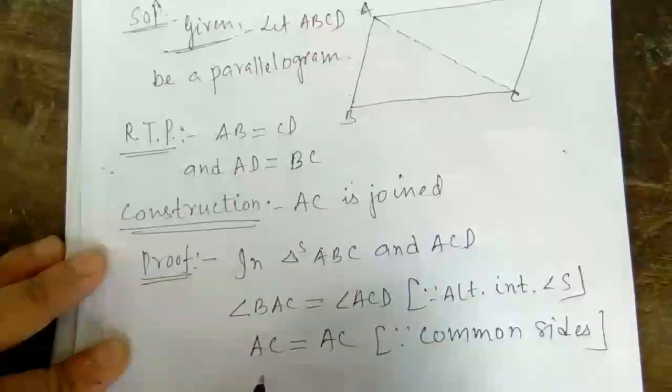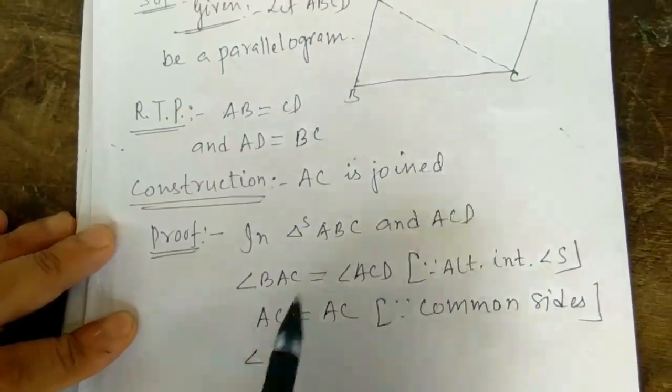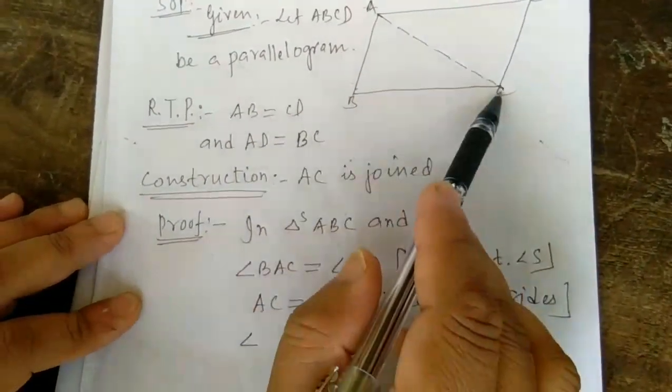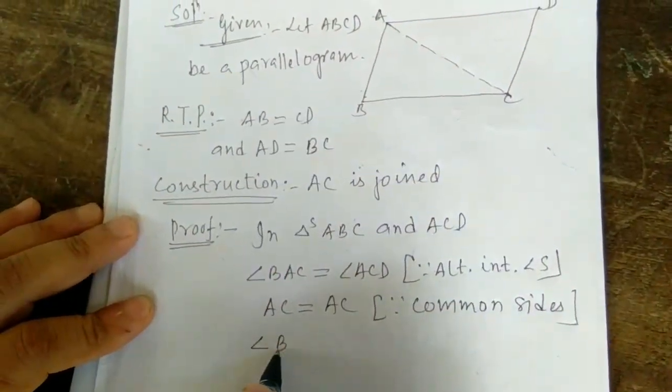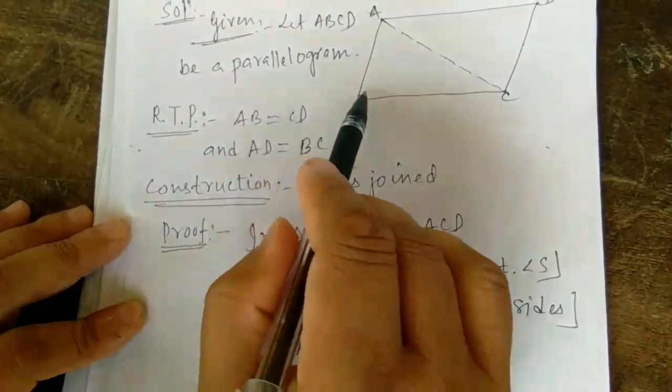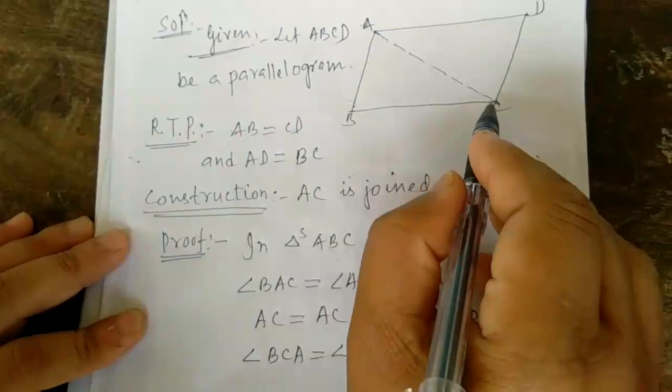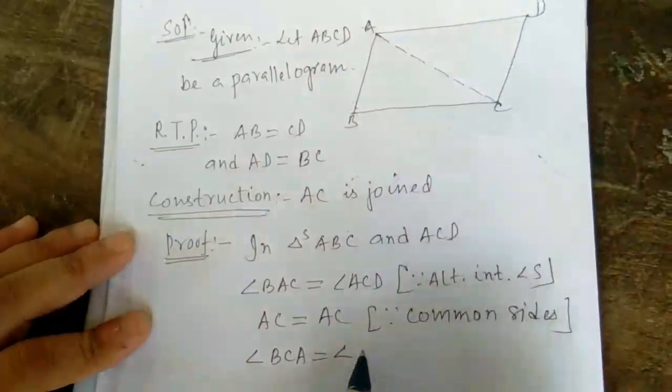Again we can write angle BCA equals angle CAD.